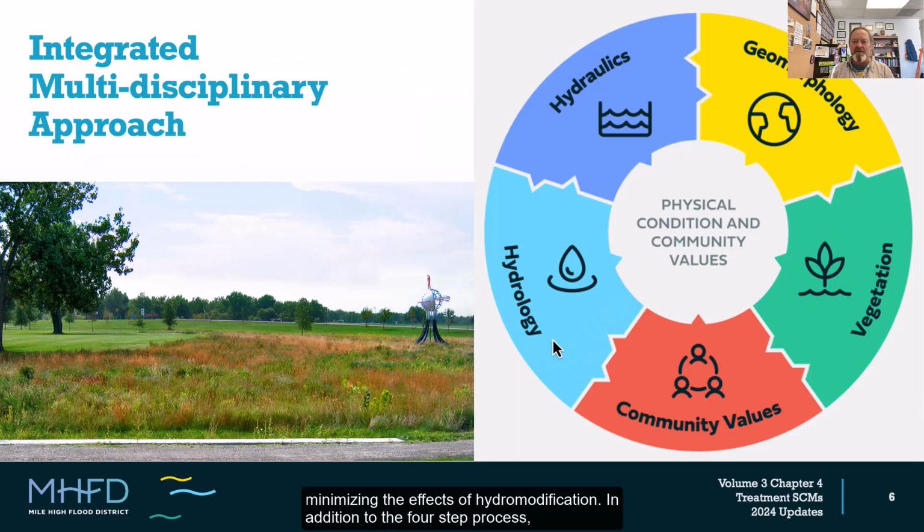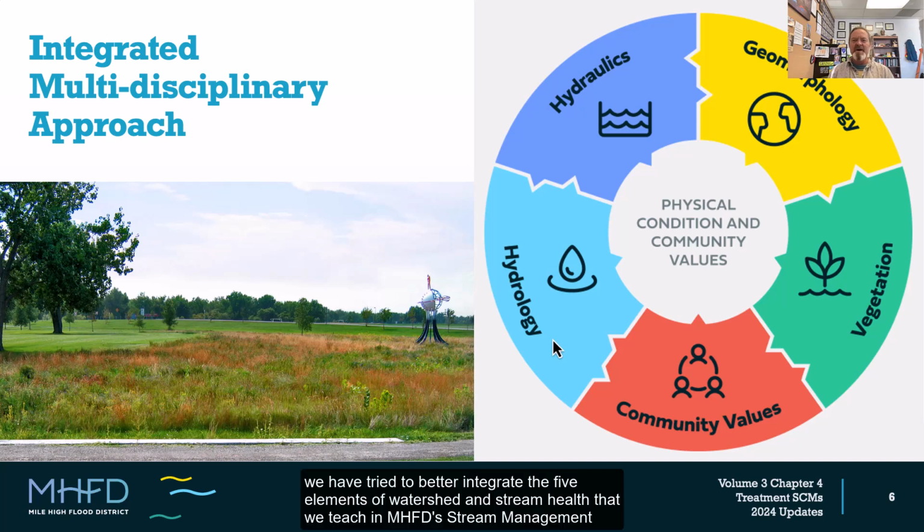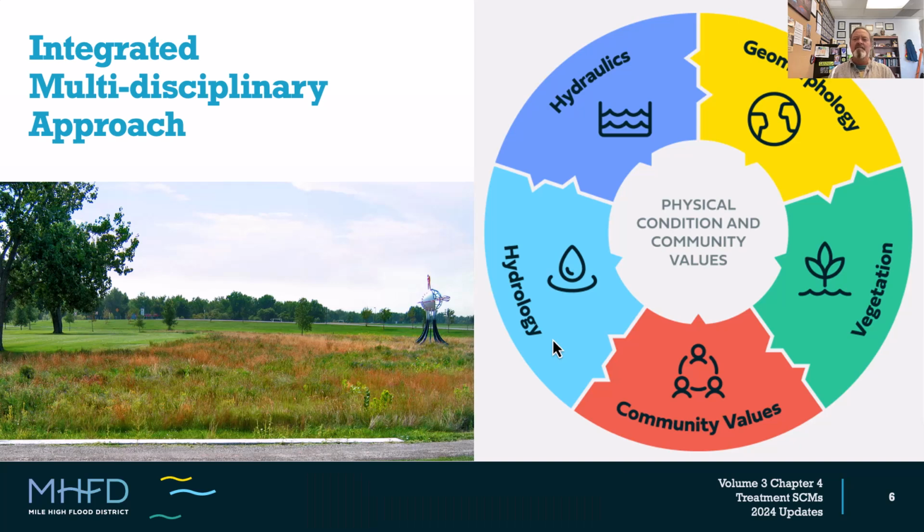In addition to the four-step process, we have tried to better integrate the 5 elements of watershed and stream health that we teach in MHFD's Stream Management Academy. These include hydrology and hydraulics, which we already addressed fairly well in this chapter, but also include geomorphology, vegetation, and community values.